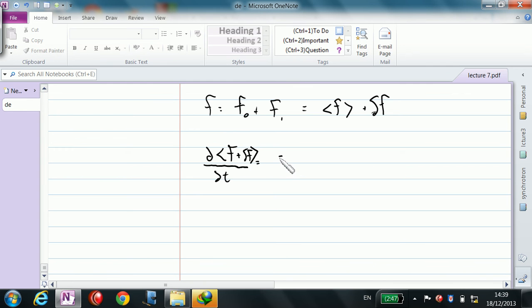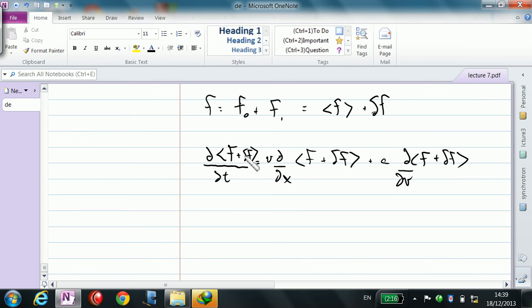If I would have written it this way... Okay, so the point is that delta f has e to the minus i omega t dependence.